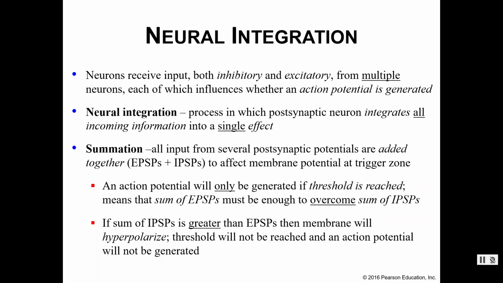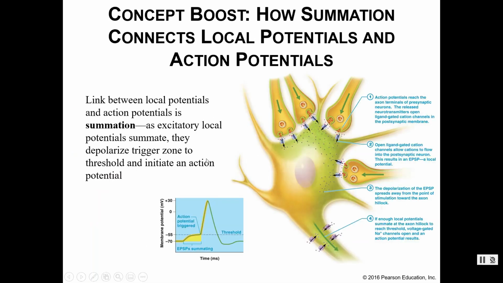Again, this should really make sense. You have excitatory and inhibitory signals. Whoever you have more of, that's who you go with. If you have more excitatories, we'll probably reach threshold and trigger an action potential. If we have more inhibitories, we're going to hyperpolarize, we're going to get farther away from threshold, we're not going to trigger an action potential.